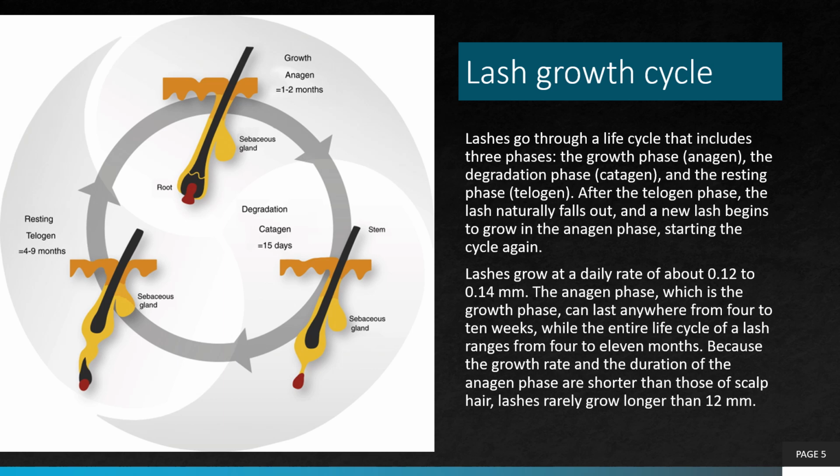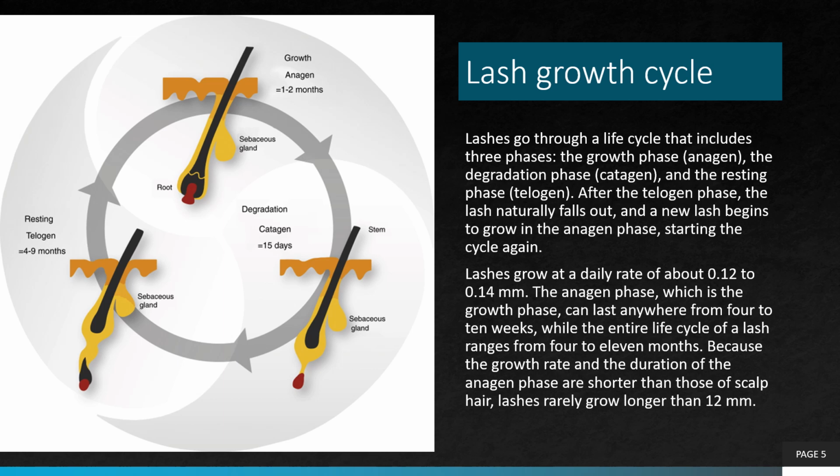Lashes go through a life cycle that involves 3 distinct phases: the growth phase, also known as the anagen phase, the degradation phase or catagen, and finally the resting phase called telogen. Each lash starts its journey in the anagen phase, where it actively grows. This phase can last anywhere from 4 to 10 weeks, depending on various factors.